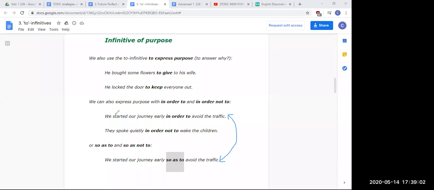We would say we started our journey early because we wanted to avoid the traffic. But "in order to" is more formal than "because," and "so as to" is more formal than "in order to."